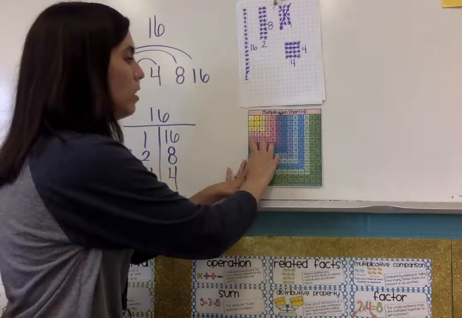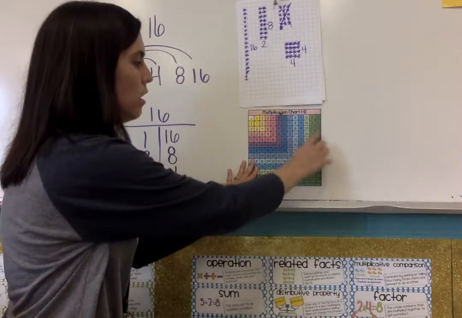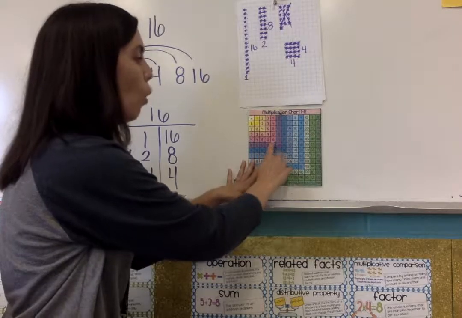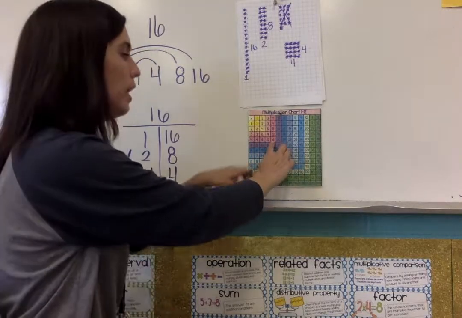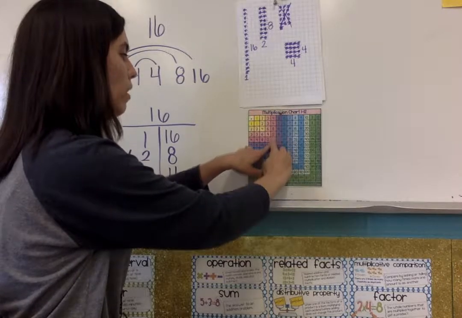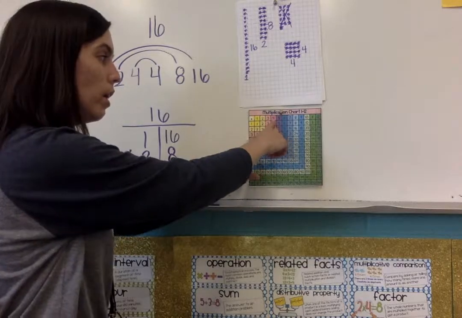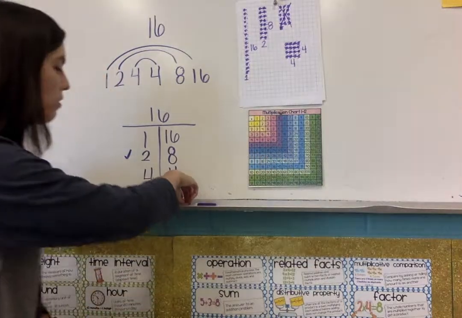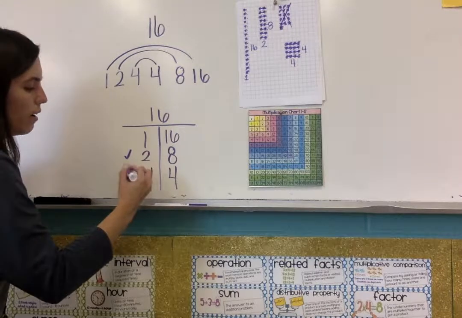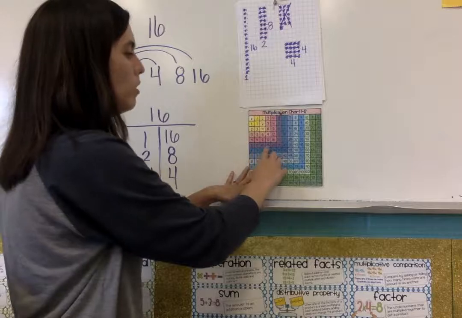I'm going to keep on looking for 16. I see 12, 15, 18. Nope. Oh, here's 16 right here. What can we multiply to get this 16? We can do 4 times 4. So 4 times 4 gives us 16, so 4 is a factor of 16. We have that right here. I'm going to keep on looking on my multiplication chart.